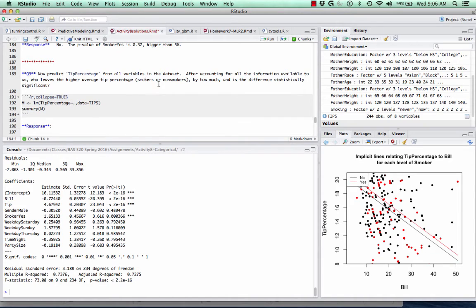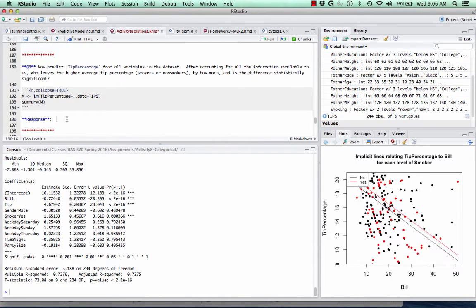After accounting for all the information available to us, who leaves the higher tip percentages? Well, smokers leave a tip percentage that is on average 1.65 percentage points higher than non-smokers. So this difference is statistically significant.